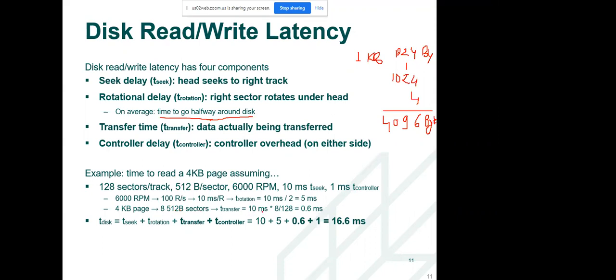So transfer is 10 microsecond. That's the delay. That delay can come from 8 by 512. Why is 8 there? Because that's the sector count. And we need transfer. Transfer is data actually being transferred. So 10 microsecond delay, then 8 sectors.